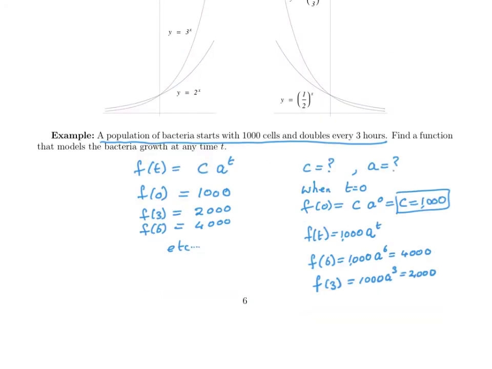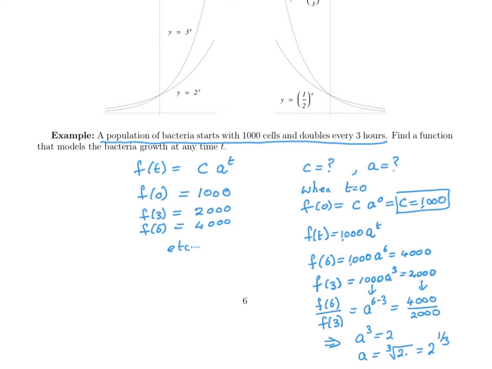So on the one hand, f of 6 over f of 3 is equal to a to the 6 minus 3, and on the other hand, it equals 4,000 over 2,000. This implies that a cubed is equal to 2. And of course, this says that a is the cube root of 2, or 2 to the 1 over 3.